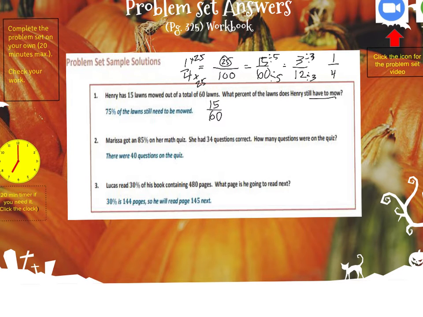So 15 out of 60 lawns is 25%, but I want to know what they still have left to mow. And I know 25 plus 75% will give me a total of 100%.